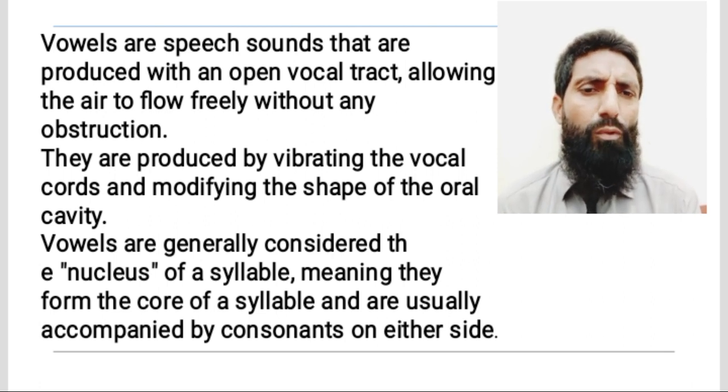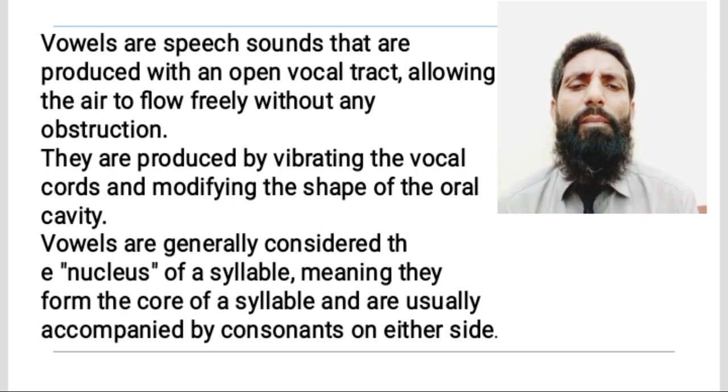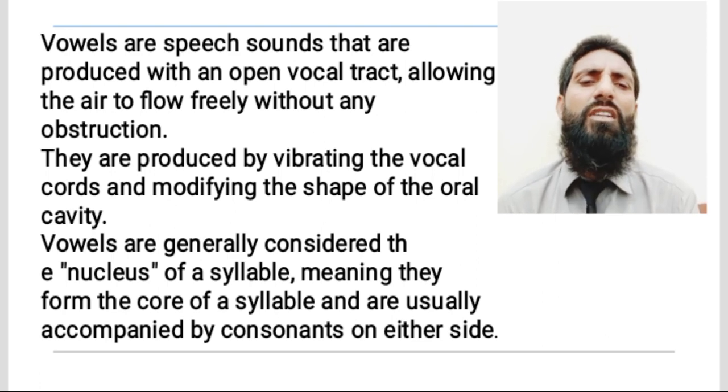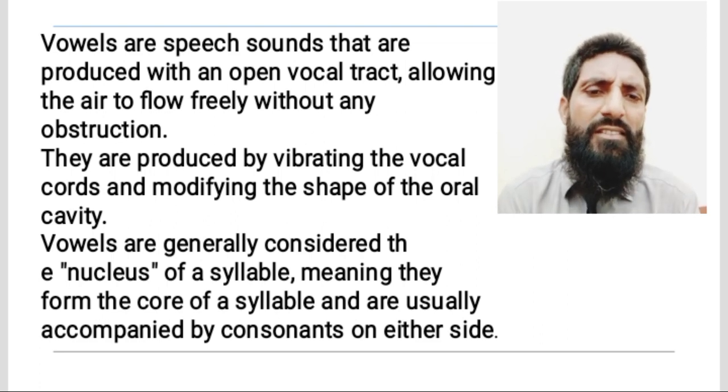So, vowels are the core of syllables, and syllables are accompanied by consonants. Each has a particular sound, and that is the reason they are pronounced correctly. Correct pronunciation of words, combining vowels and consonants, will help listeners understand what you are going to speak.